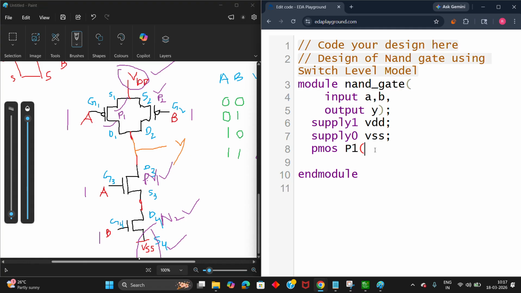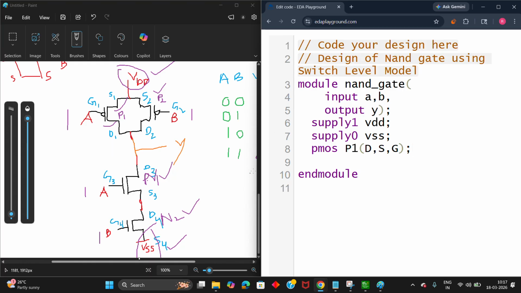The first parameter must be the output, which means the drain terminal. The second parameter must be the source terminal, and the last parameter is the gate terminal.